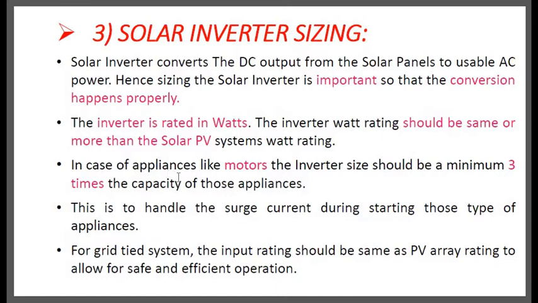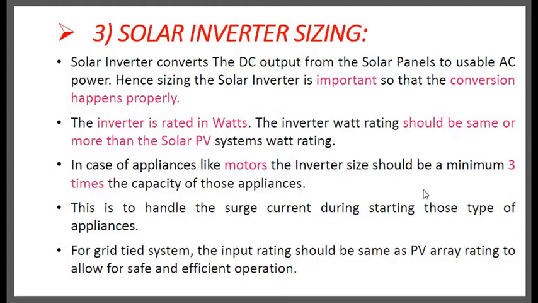In the case of appliances like motors, the inverter size should be a minimum of 3 times the capacity of those appliances. So for heavy loads like motors, we have to select an inverter of at least 3 times the capacity.